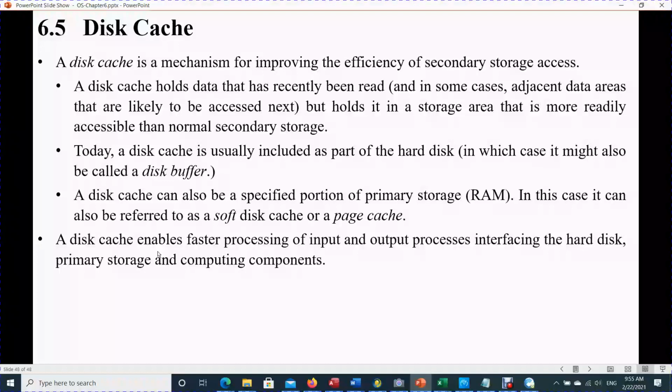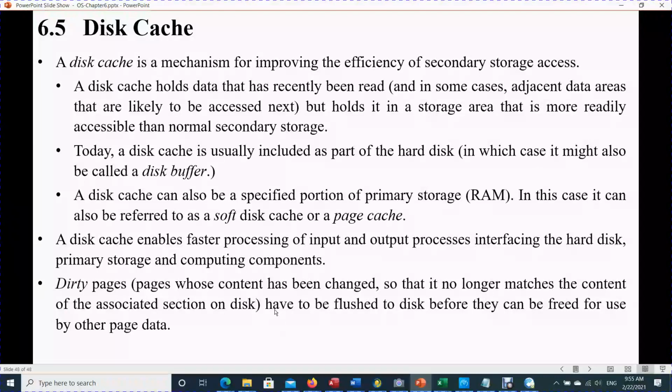Disk cache enables faster processing of I/O between hard disk, primary storage, and computing components.